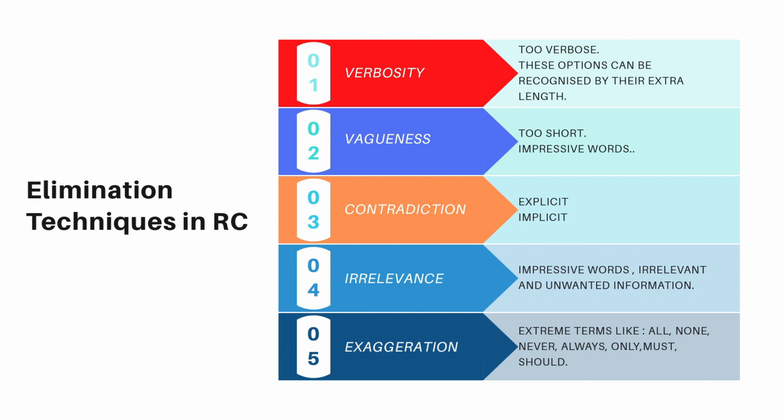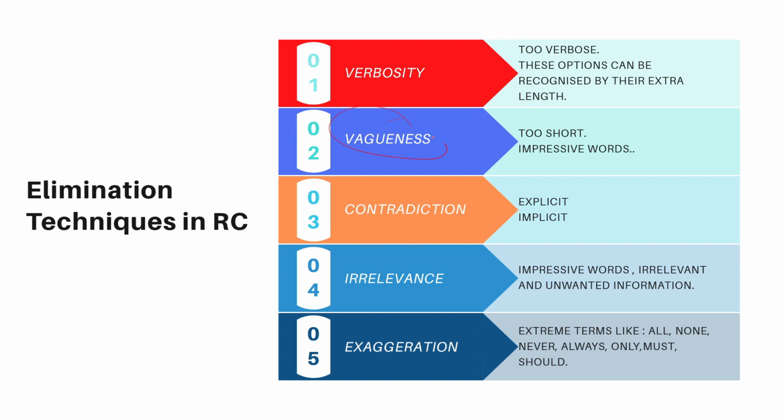The next one is irrelevance. These kinds of options are not very relevant. They are not related to the question and are usually used to fill up the gap. These options might be based on an unrelated part of the same passage, or might not be related to the entire passage at all.